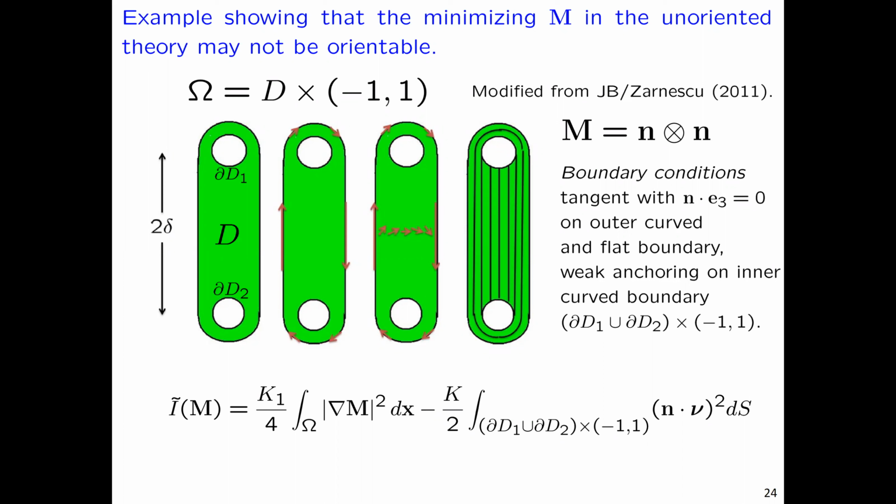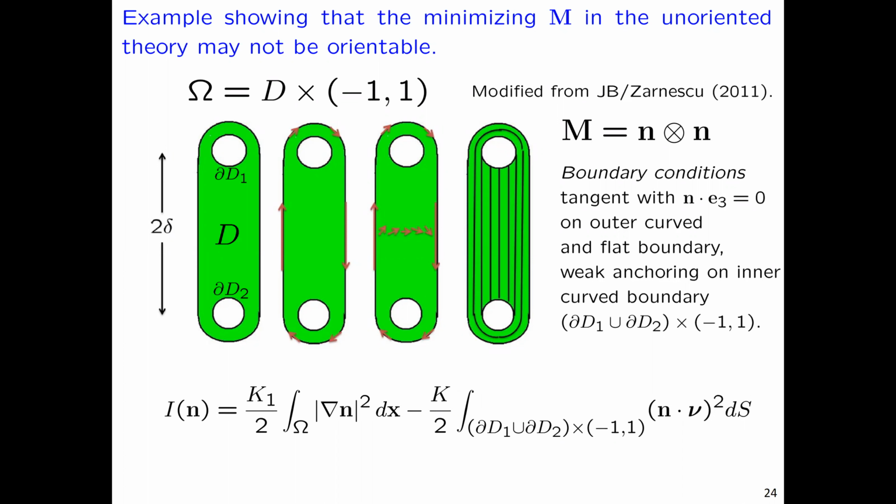Now, if it's orientable, the energy is this, right? So I of n is K1/2 integral gradient n squared, and then minus the same term. So let's imagine that we've got an n that matches the boundary conditions. If it's orientable, we're going to have to either have the boundary condition going around this way clockwise, or the other possibility is to go around anti-clockwise.